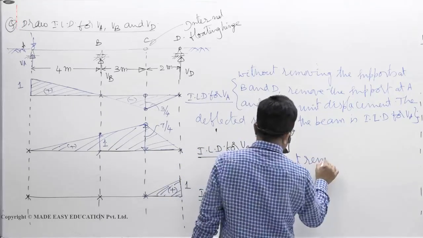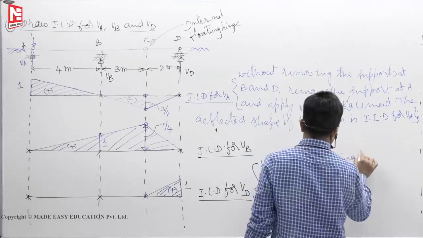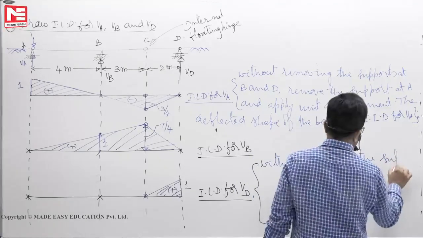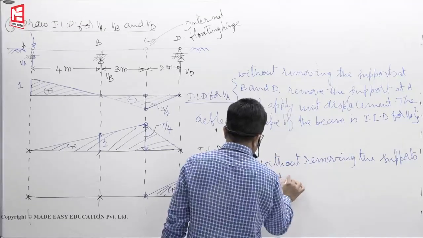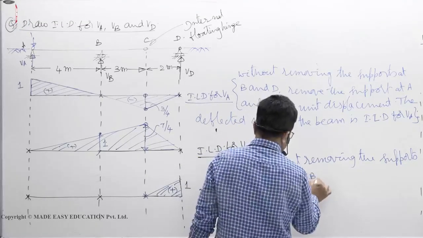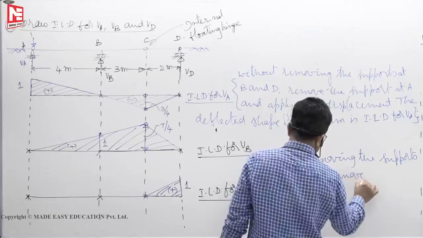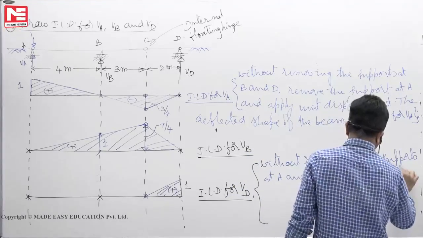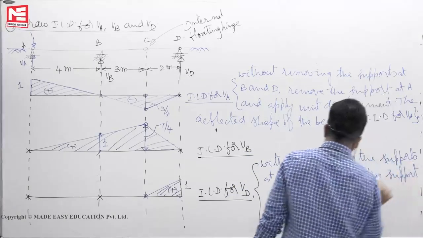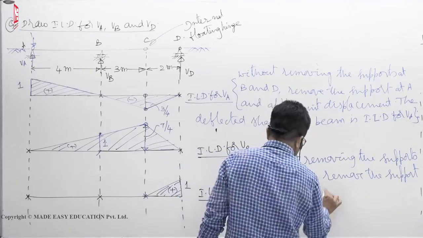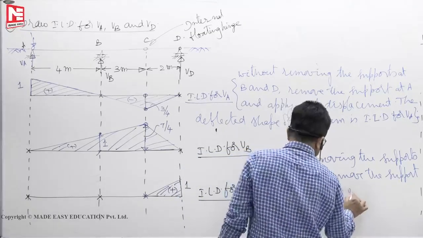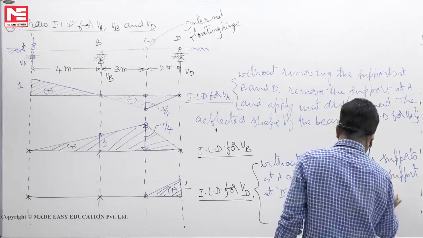Without removing the supports at A and B, remove the support at D and apply unit displacement.